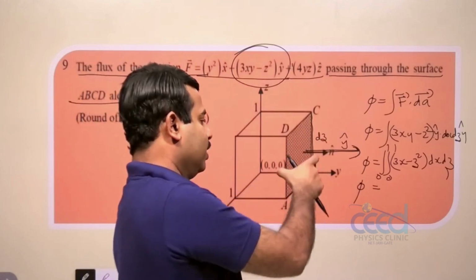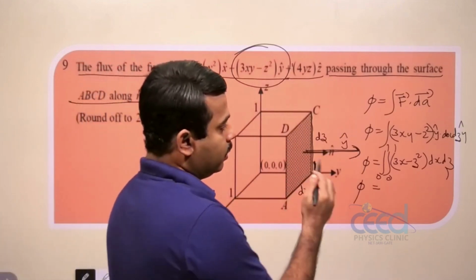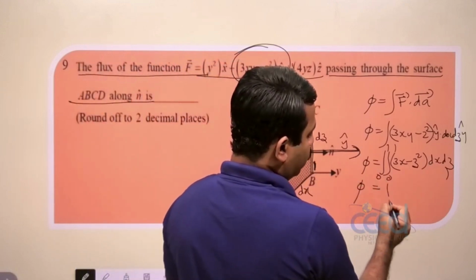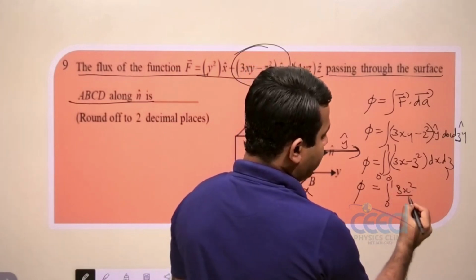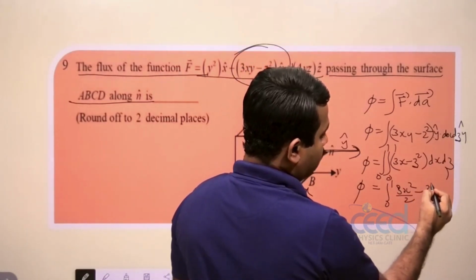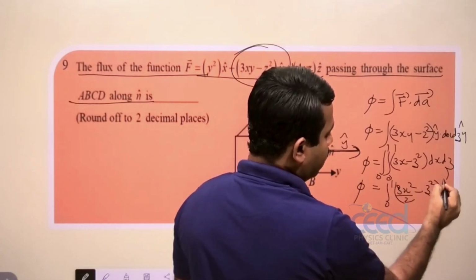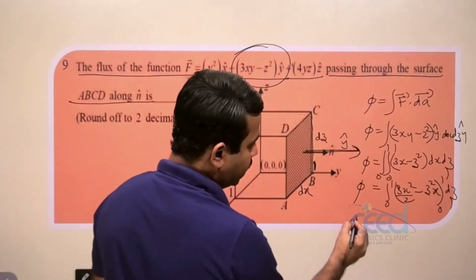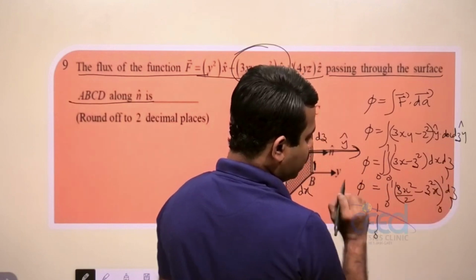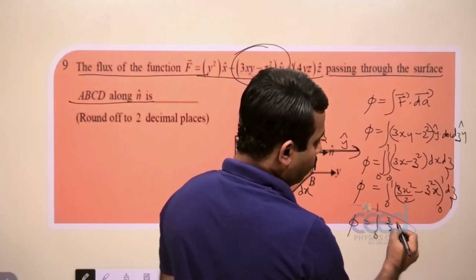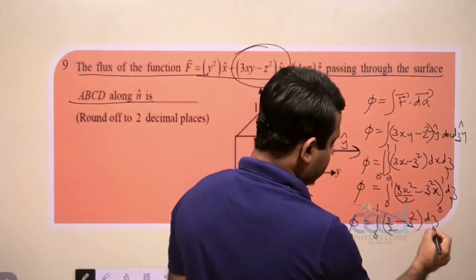1. What is the maximum value of x? 1. Alright. Now integrating with respect to x, we get 3x²/2 minus z² x, from 0 to 1, dz. That is, flux is equal to integral 0 to 1, putting x value 1, then (3/2 minus z²) dz.